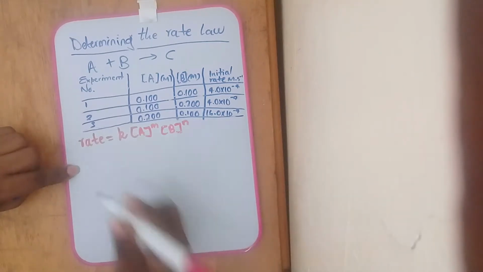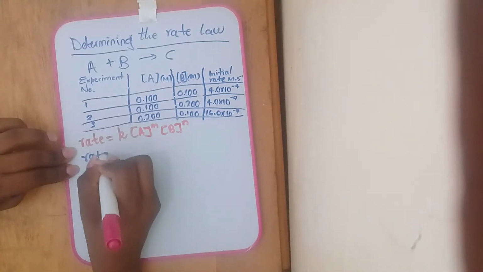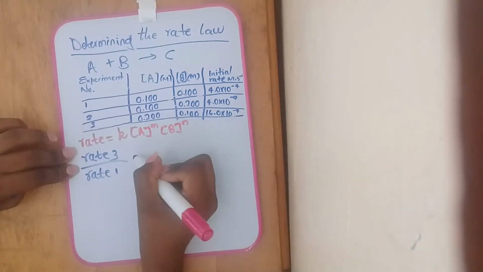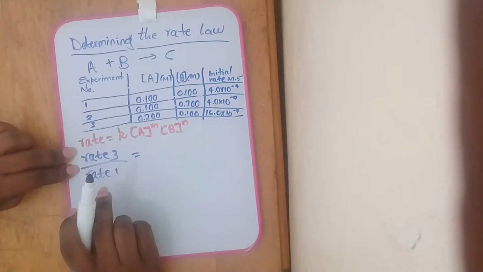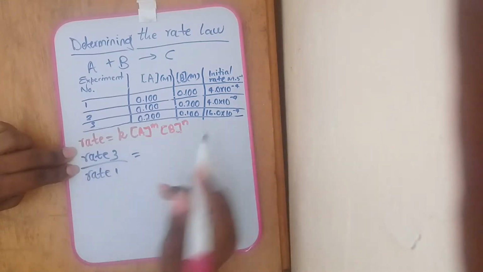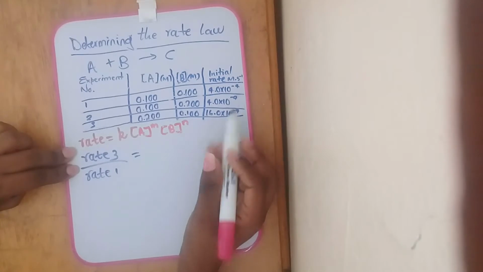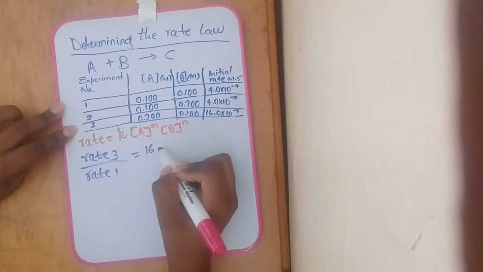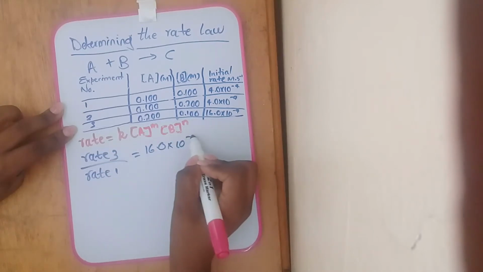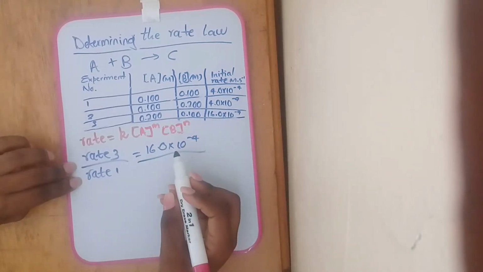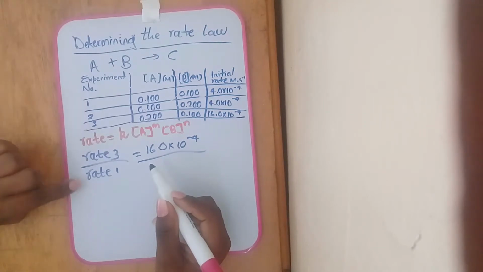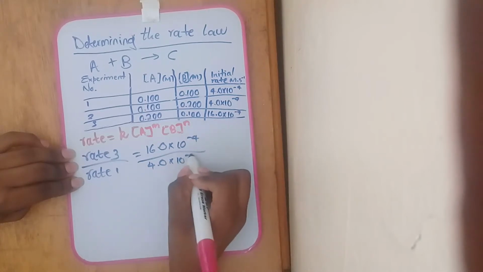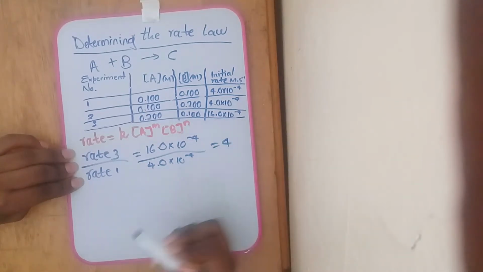So it's going to be rate 3 over rate 1. The initial rate at experiment 3 is 16.0 times 10 to the power minus 4 over the initial rate at experiment 1, which is 4.0 times 10 to the power minus 4, which equals 4.